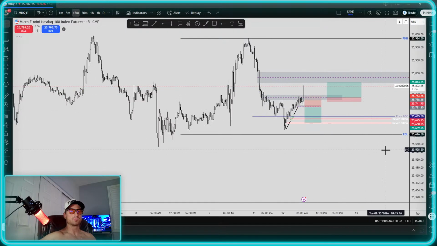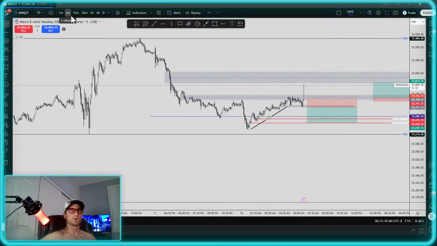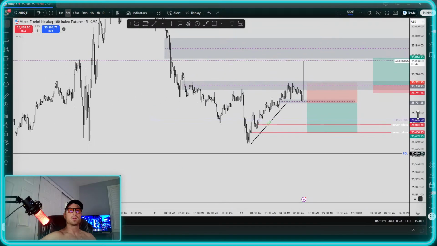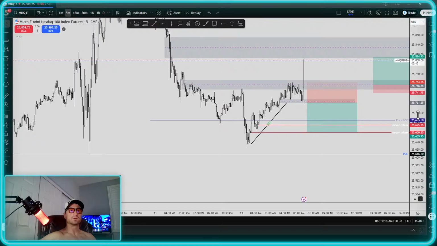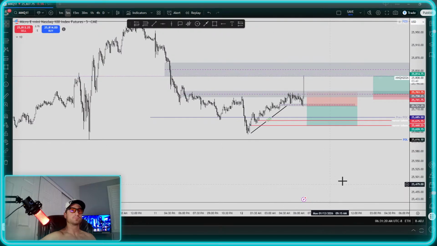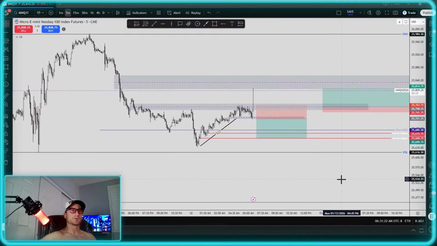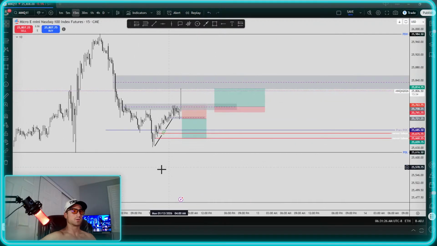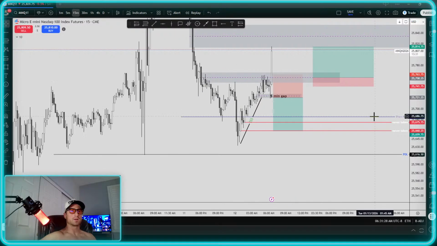I mean, the open is pretty bullish here, chat. We are pretty bullish. Gonna wait for the 15-minute opening range and see where we're at.